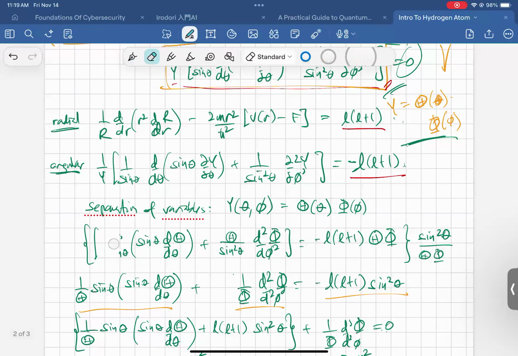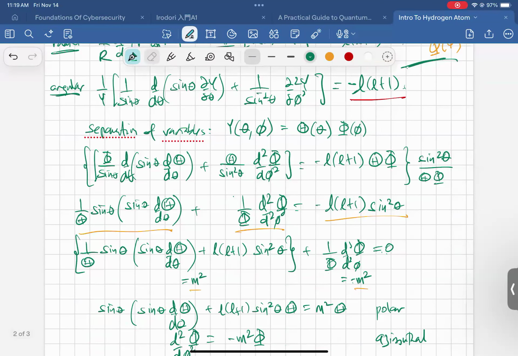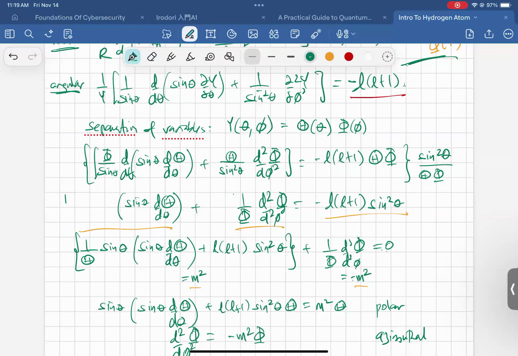And then ito ay sine theta d theta. And then ito rin ay 1 over capital theta. 1 over sine theta d theta.